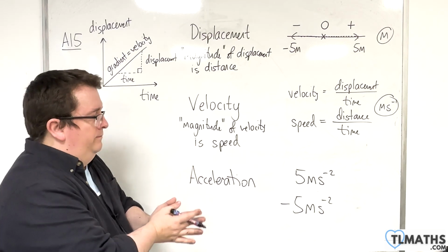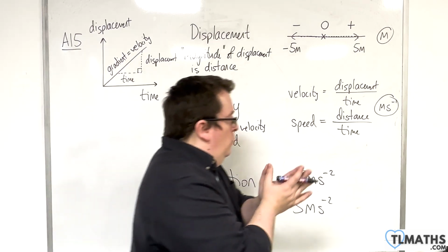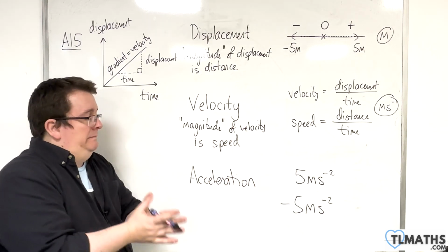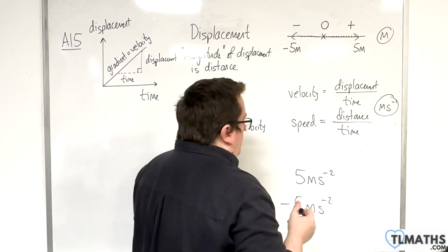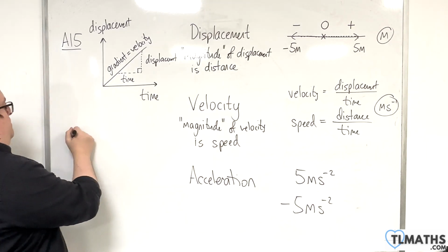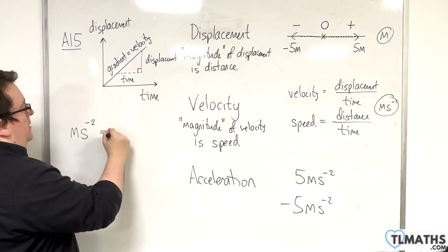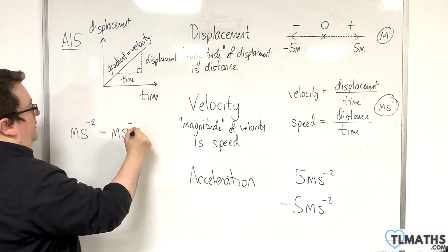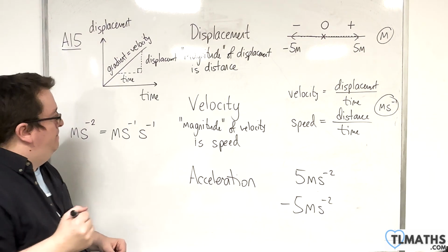Notation wise, meters per second squared. Well, what does that mean? Well, the thing with meters per second squared, this is meters per second per second.